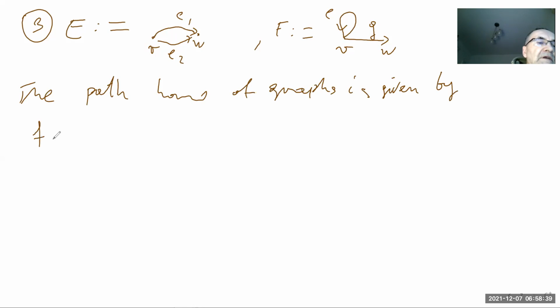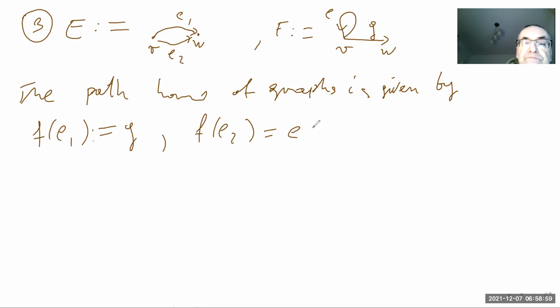F of E1 is equal to G, and F of E2 is equal to EG. So first I walk around the loop and then I go out.